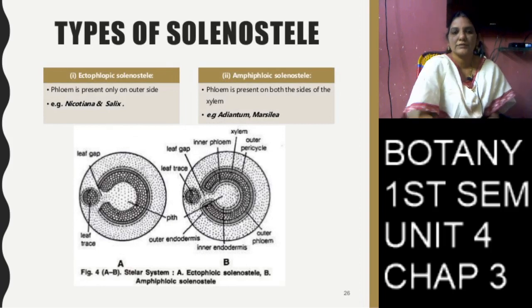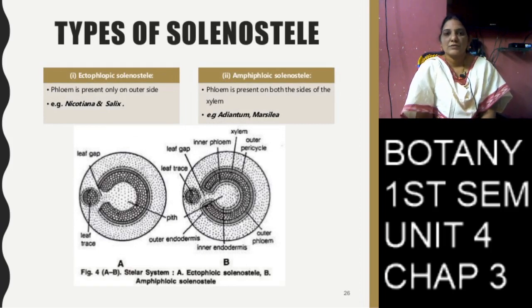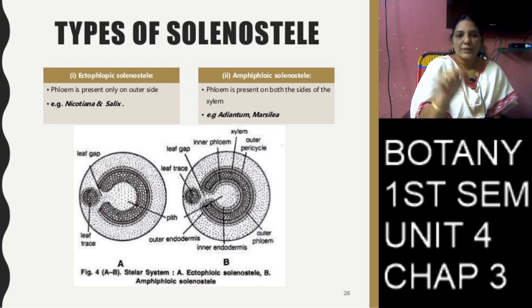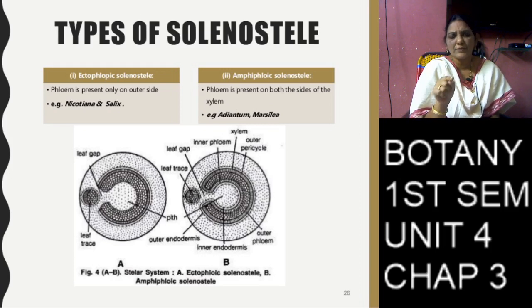Here, solenostele is again divided into two types: one is ectophloic solenostele, and another one is amphiphloic solenostele. Here also the middle part is called pith or medulla.